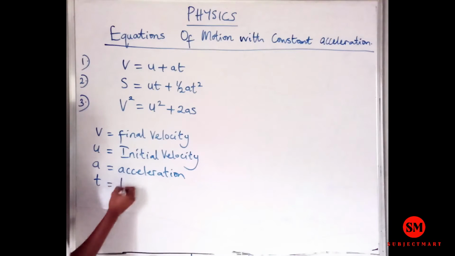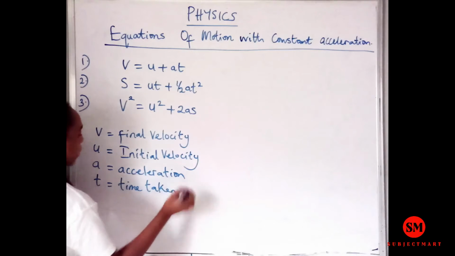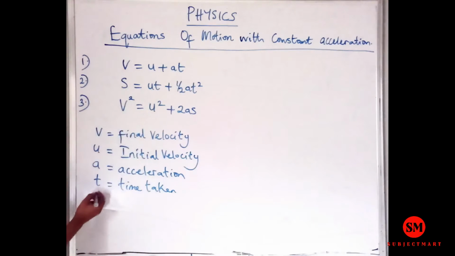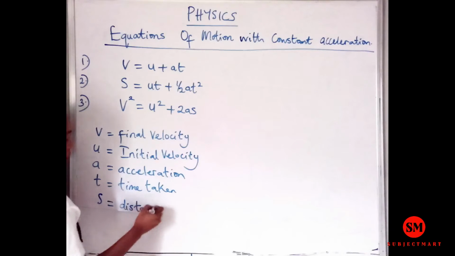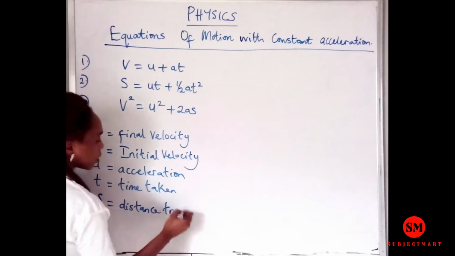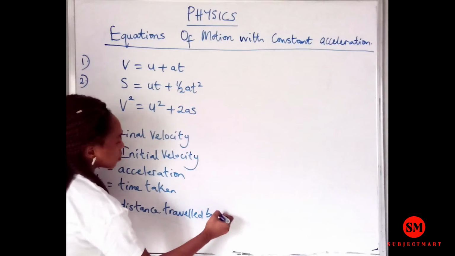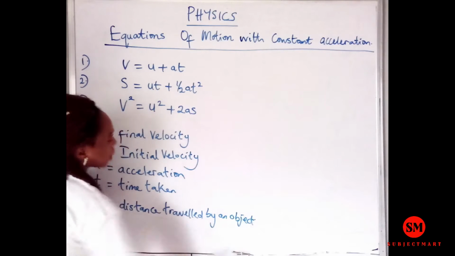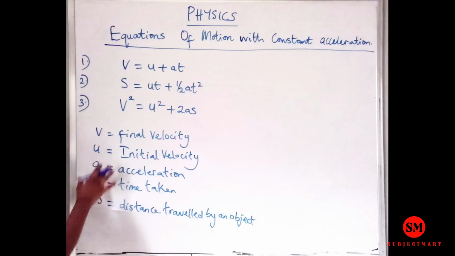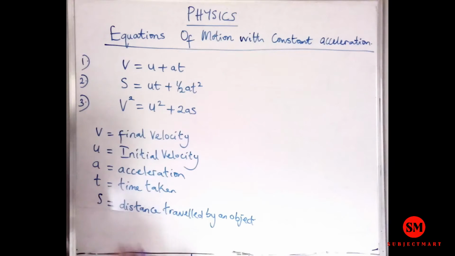T is the time taken to travel a particular distance. Here we have S. S is the distance traveled by an object or body. I think that is all we have.